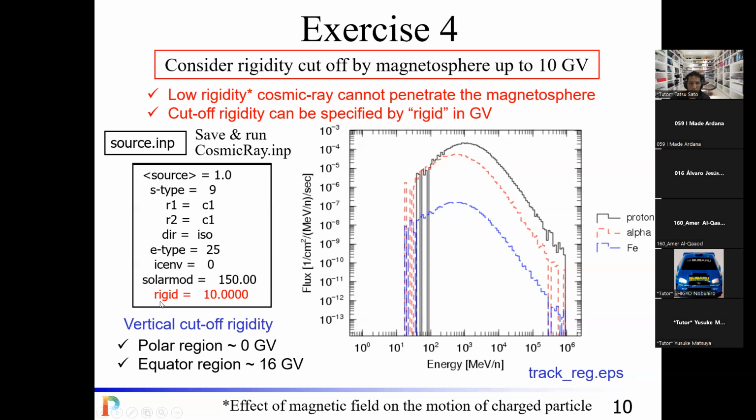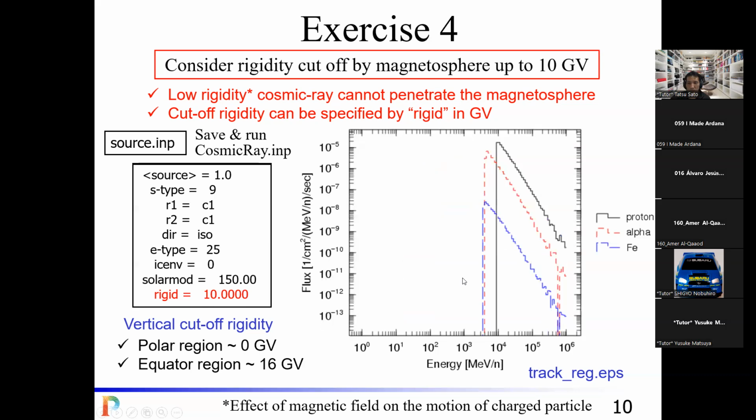If you change the rigid to 10 and save and run cosmicray.inp, then we can see this picture.